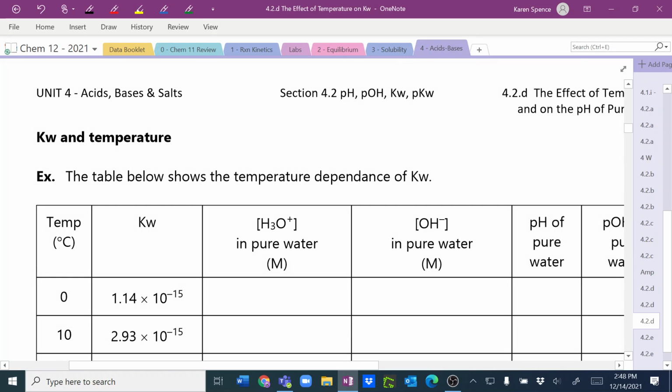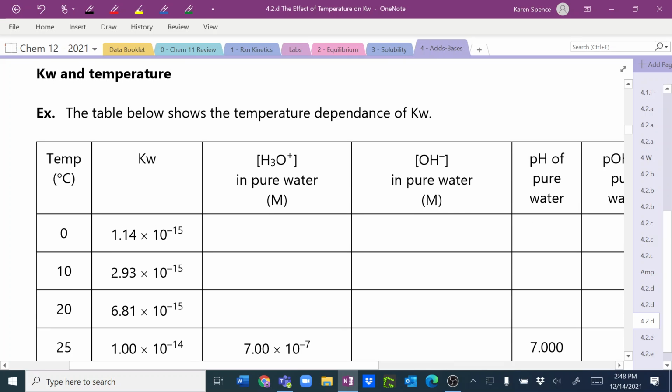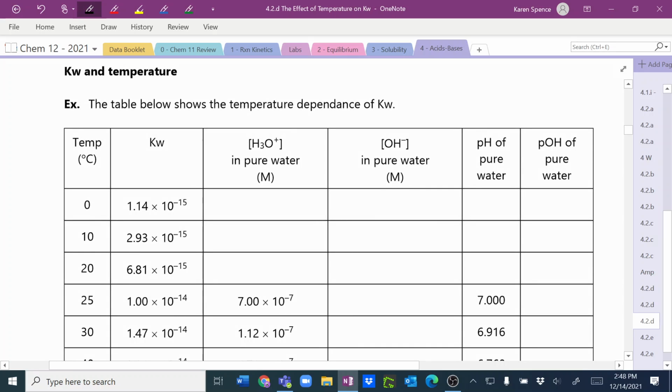Now we're going to look at what happens to Kw when we start messing about with the temperature. So we have this table, and you'll want to refer to your own because you'll be able to actually read it and see all the values. As we go down the table, what is happening to the temperature?